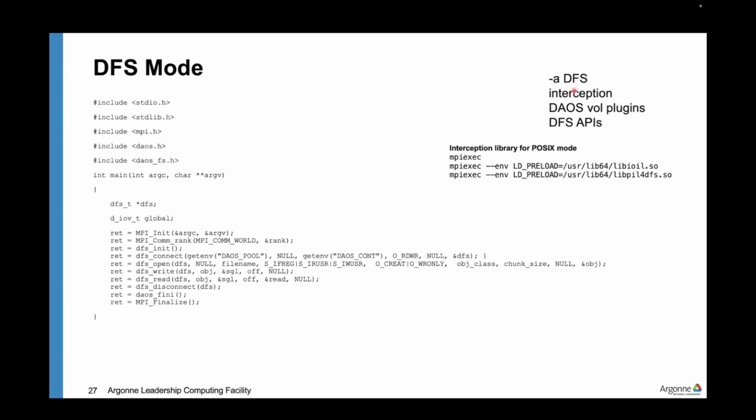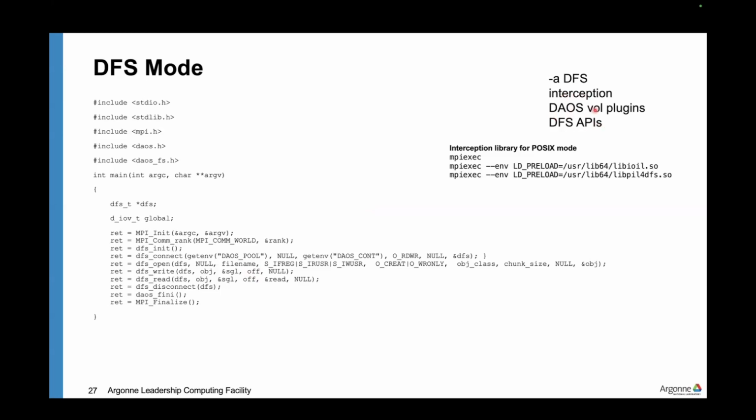There are also different DAOS VOLs that the IO libraries might provide. I know there is an HDF5 VOL and an ADIOS VOL. They would also give the direct native performance by talking directly to the DFS layer.